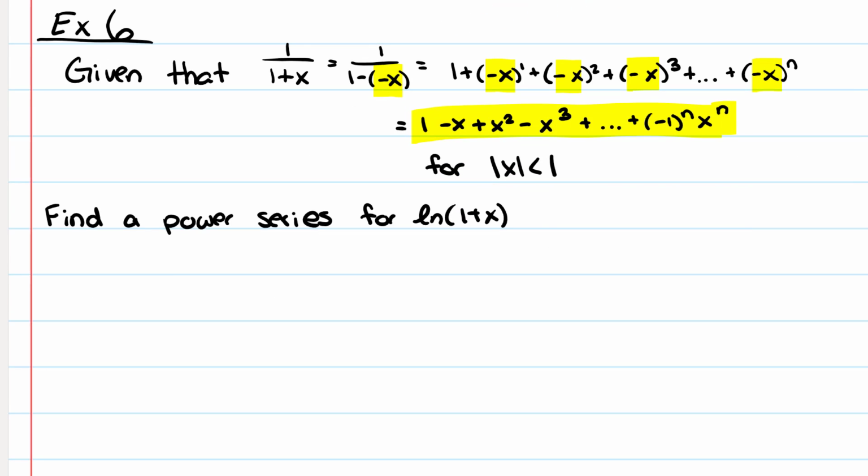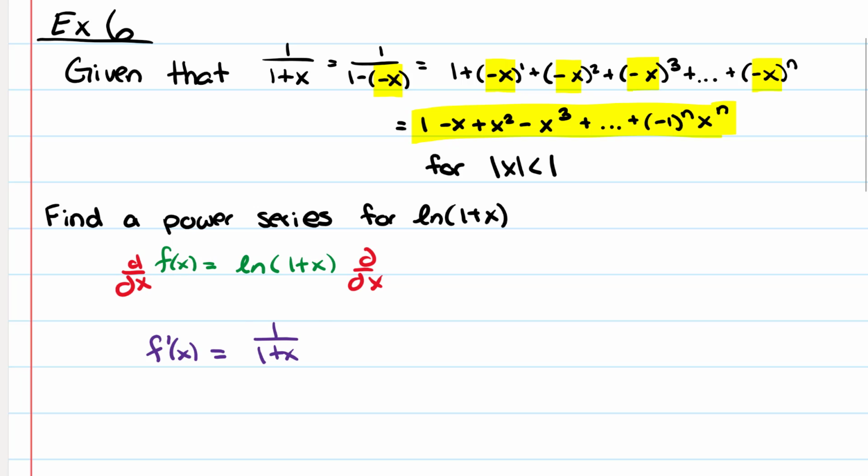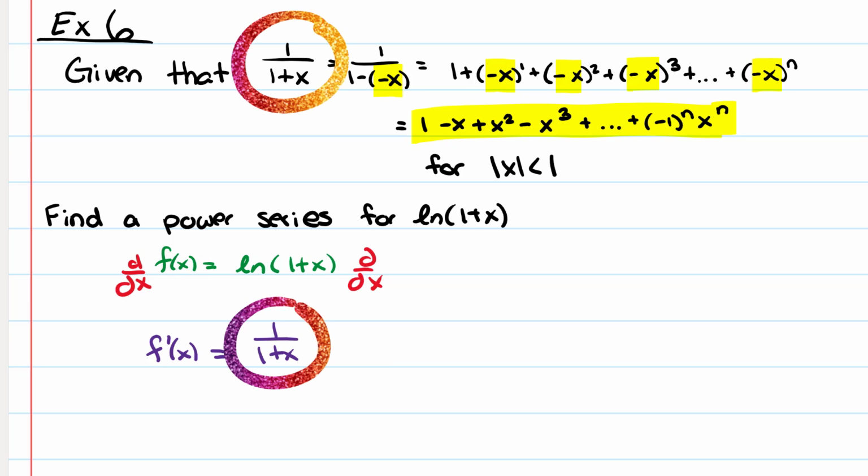So if we have f of x equals ln of 1 plus x, and we take the derivative of both sides, then we get that f prime of x is equal to 1 over 1 plus x, which if you notice, we have here and here.